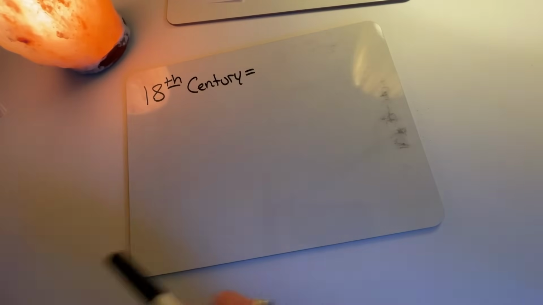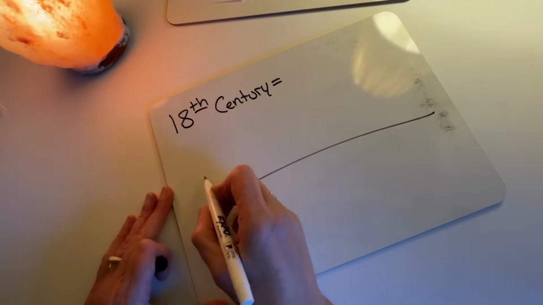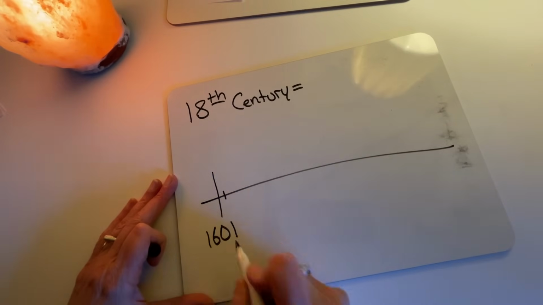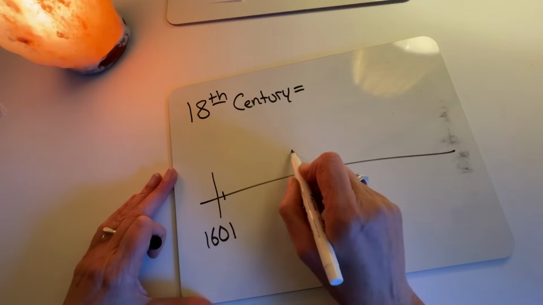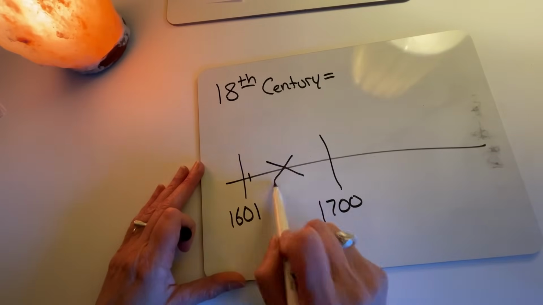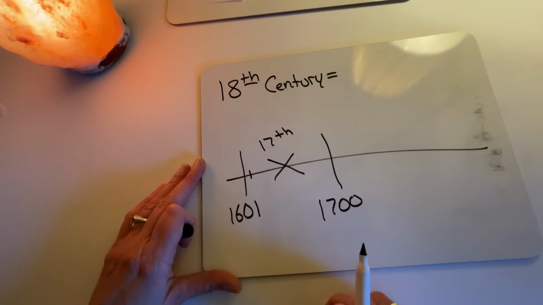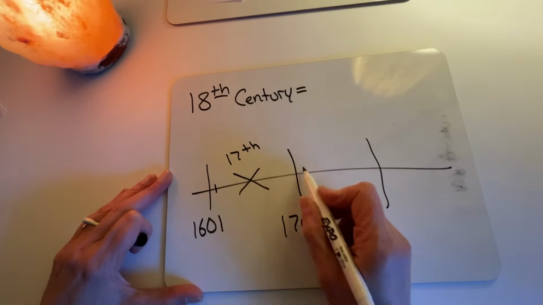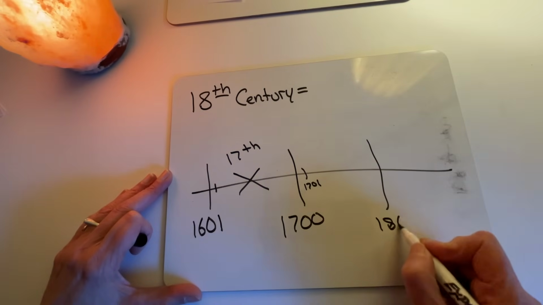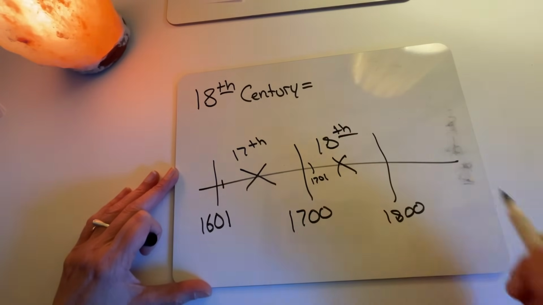So once you kind of get that, the years will be off, right? So if you're in the 1601 until the year 1700, this century will be the 17th century. And then from 1701 until 1800, now this is the 18th century.